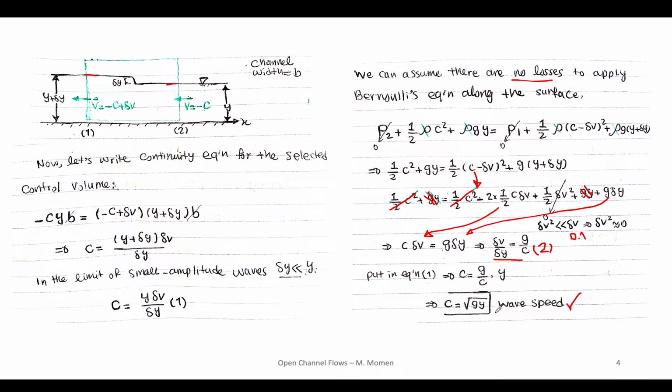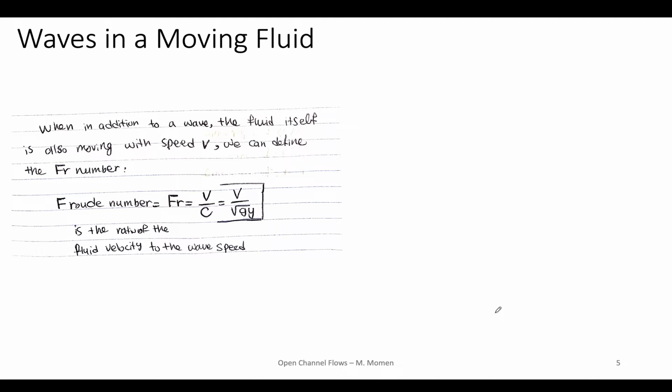Okay, so now based on this wave speed, the speed of the wave, and also the speed of the water velocity or fluid itself, we can define different regimes, and we can define a very important number in hydraulic engineering, which is the Froude number.